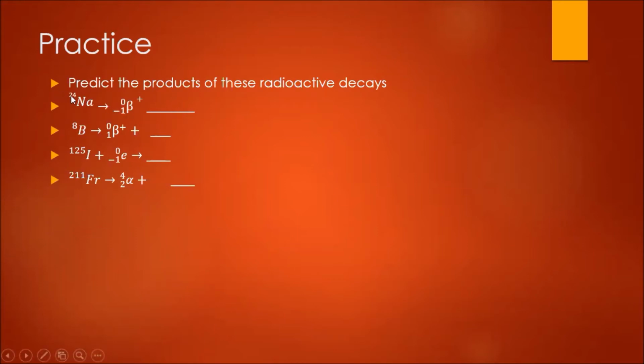The mass of magnesium stays the same because 24 plus 0 gives 24. So the first product is Mg-24, atomic number 12.